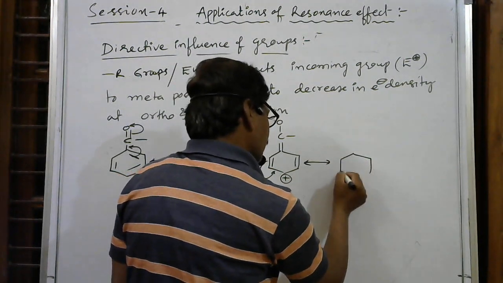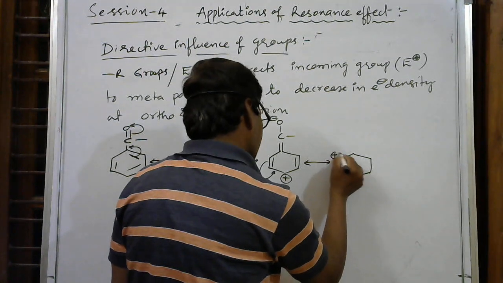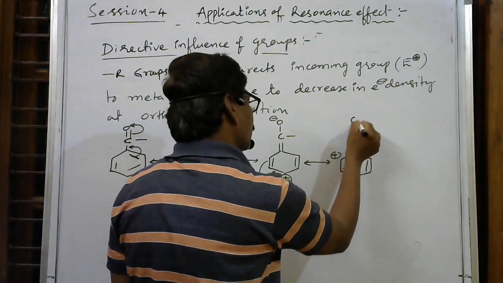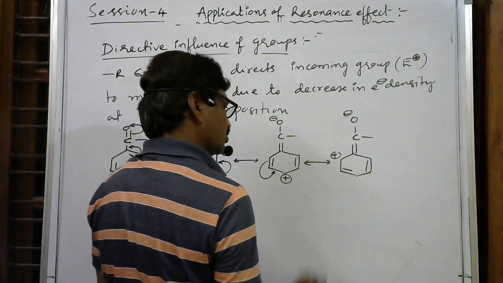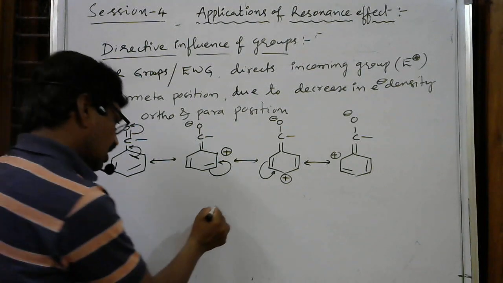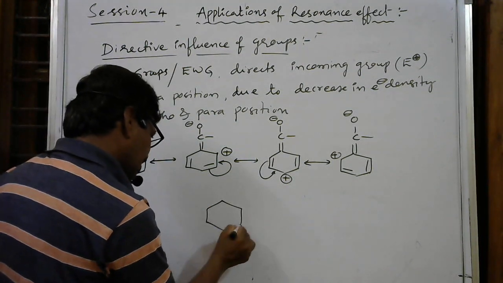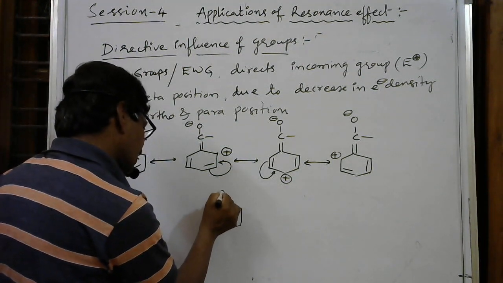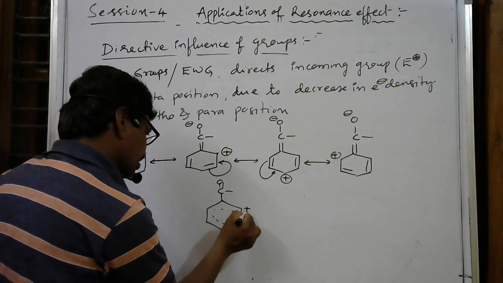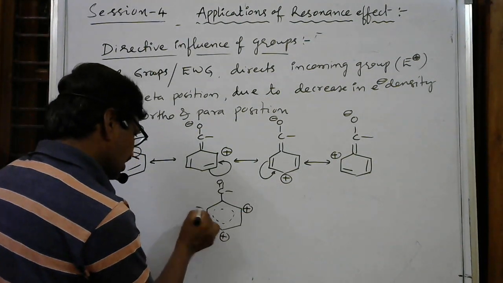Then next again it will come here. Here positive charge, here a newly formed double bond, here O minus, then the bond. So here also the next ortho position will take positive charge. So if I write like this, in the presence of an electron withdrawing group like C double bond O, positive charge is present on ortho, para, and one more ortho.